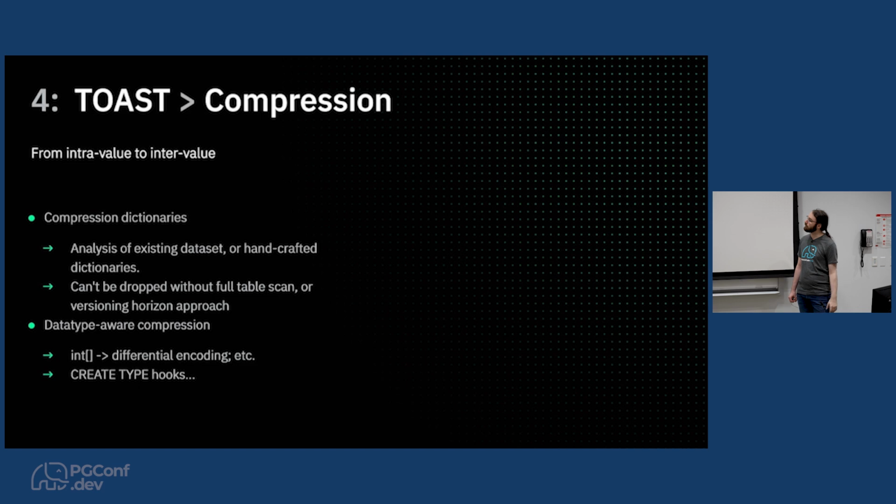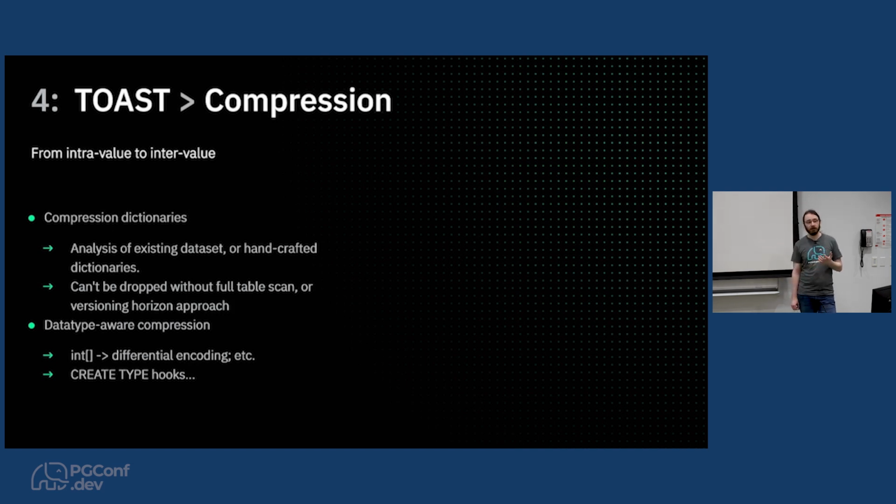Another one is also data type aware compression. Right now we have 3 generic compression algorithms. Certain types have certain better compression algorithms available when you know it works better. For instance, differential encoding for integer arrays.